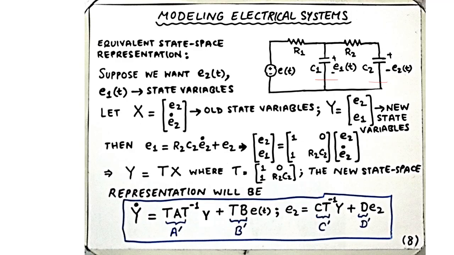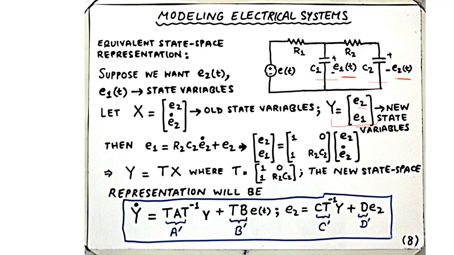Suppose now that we need a state space representation to solve this problem. For that, we need to define the state variable as the voltage across capacitor C1, that is E1, and the other state variable remains the same as E2. So how do we transform our old state space representation into a new state space representation in which the state variables are different, E2 and E1, the voltages across the capacitors?